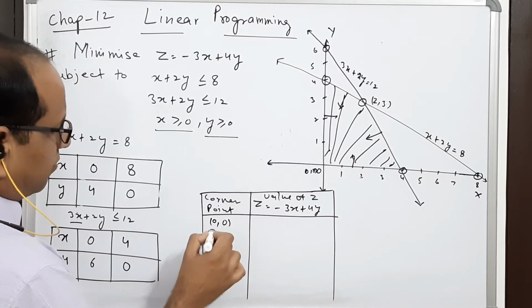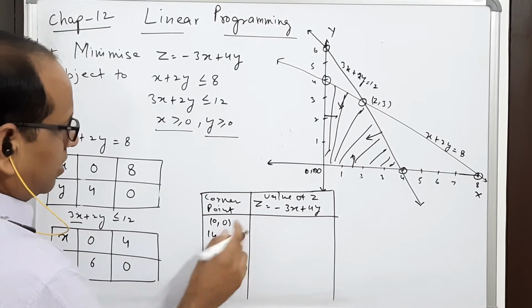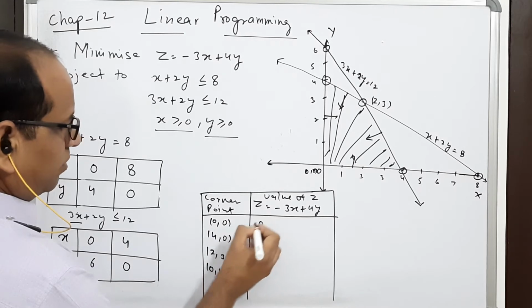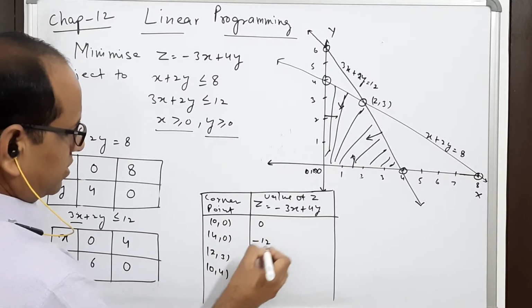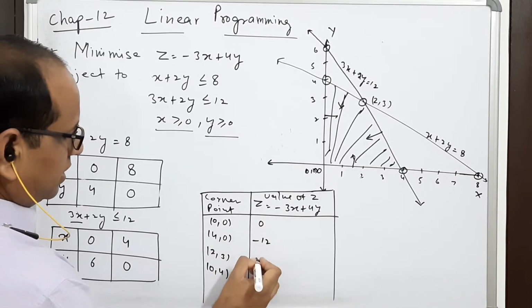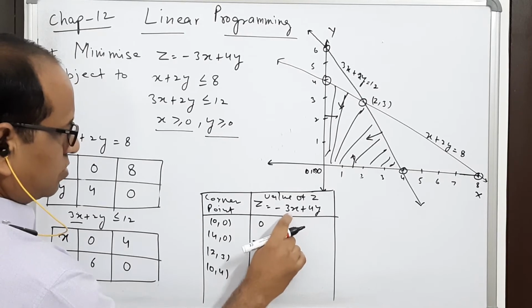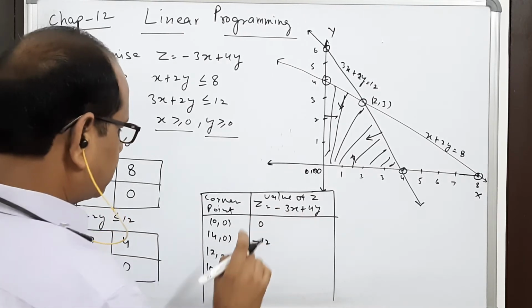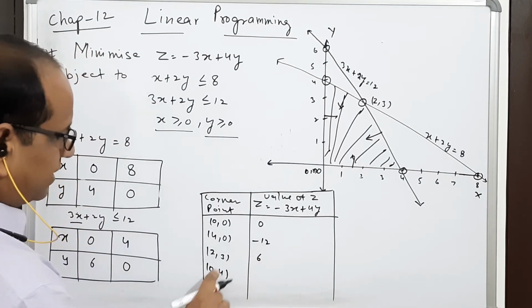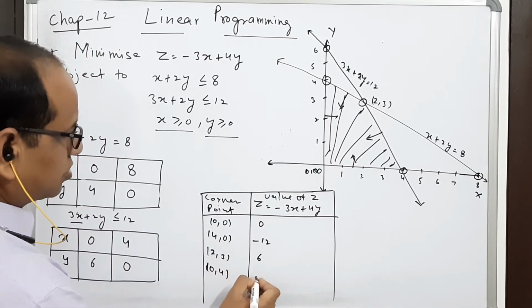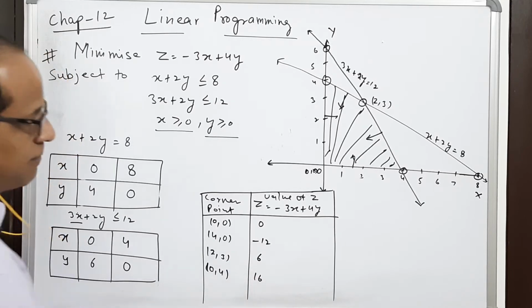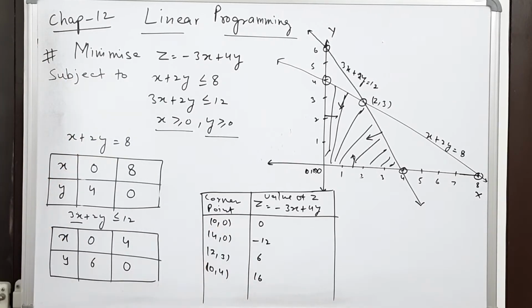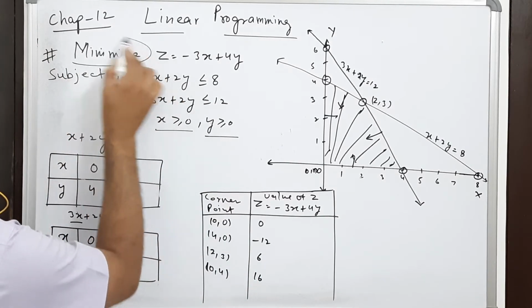Now the value of z at these corner points is: this will be 0, this will be minus 12, this will be minus 6 plus 12, so it is 6, and this part is 0, 0 so it will be 16. Now we are concerned with the minimum value.